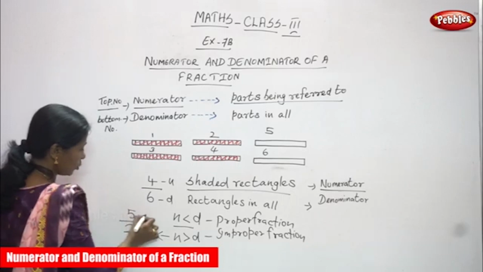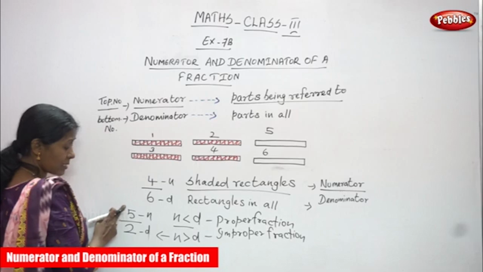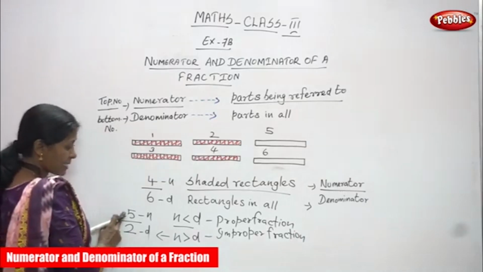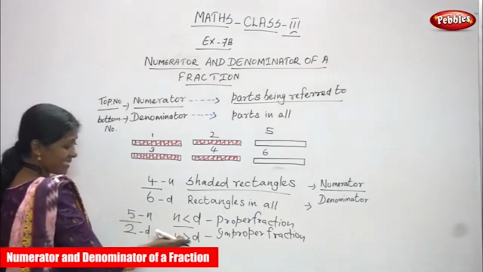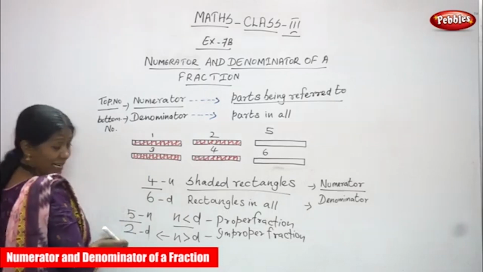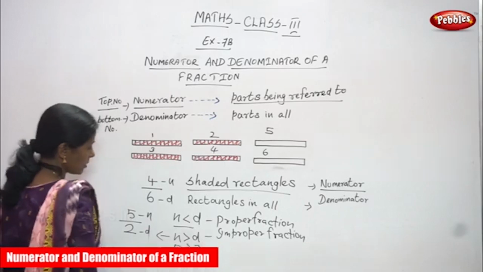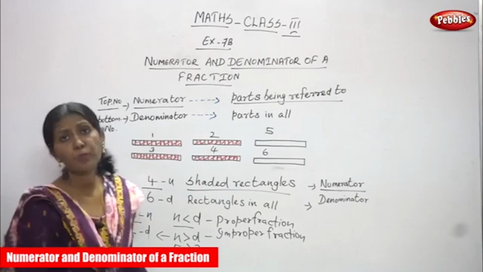This is the numerator and this is the denominator. 5, the numerator, is the top number, and the denominator is the bottom number. The numerator is the parts being referred to and the denominator is the total number of parts. 5 is greater than 2. So the numerator is greater than the denominator. It is called an improper fraction.